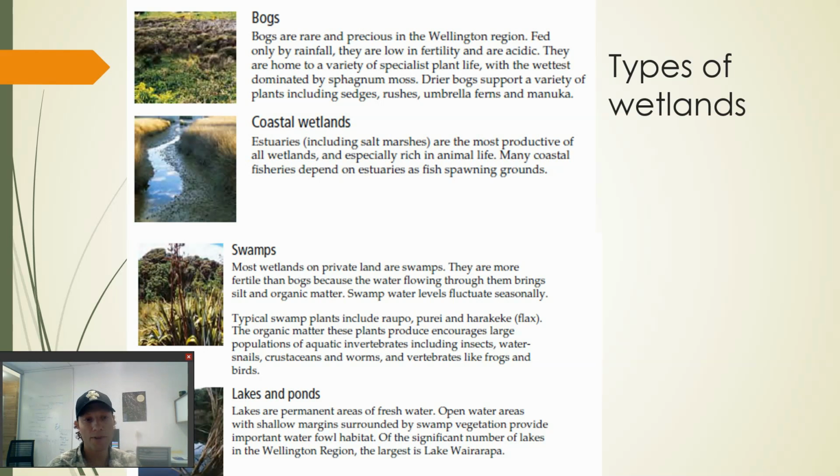A lot of our fish that we eat, at least some portion of their life history, is inside a coastal wetland. This is even true of shrimp. So they're very, very important, and unfortunately, they're being lost at an alarming rate due to coastal development and sea level rise, among other activities.